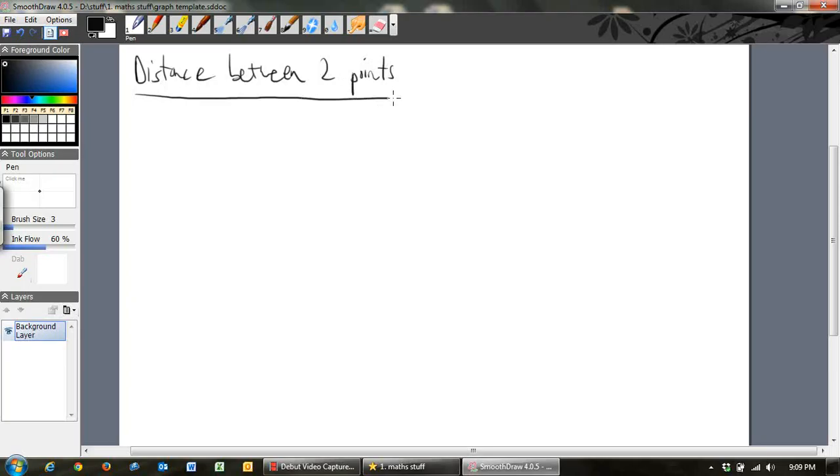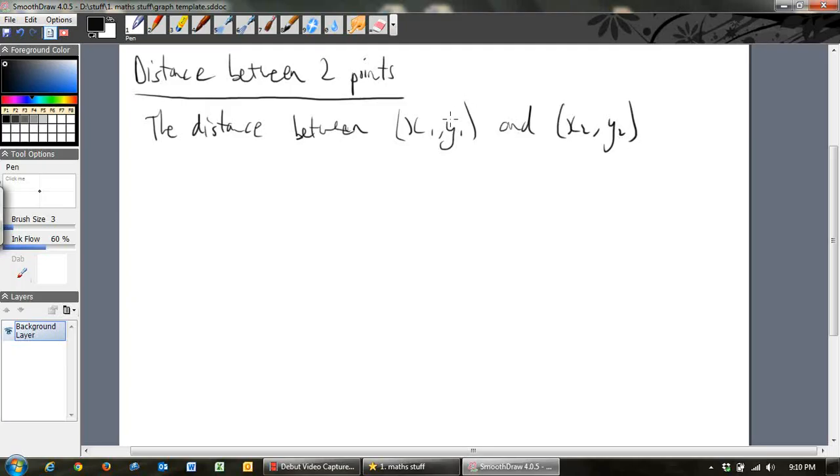Okay. Good. And so I'll prove this in class, but basically the distance between the points x1, y1 and x2, y2. So I've got two sets of points, first set here, second set here.